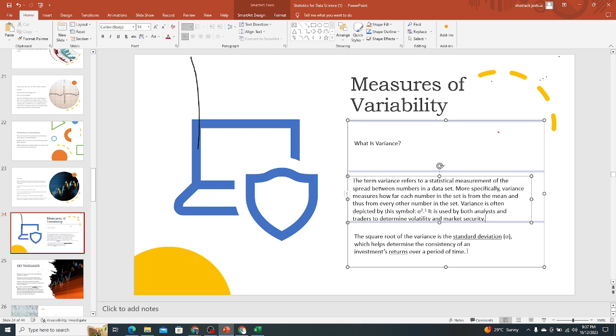So basically I can say variance helps us determine the volatility of, let's say, some stock. Let's assume you have a stocks portfolio in the markets. When you compare it with another well performing stock, the difference will be very high.